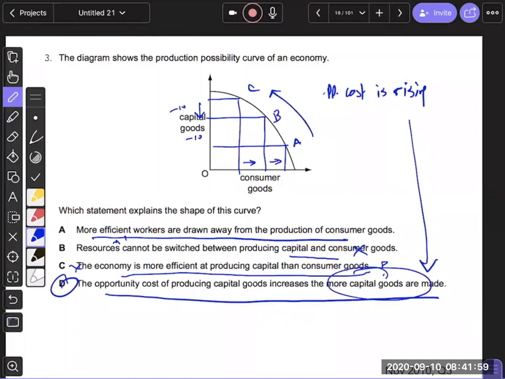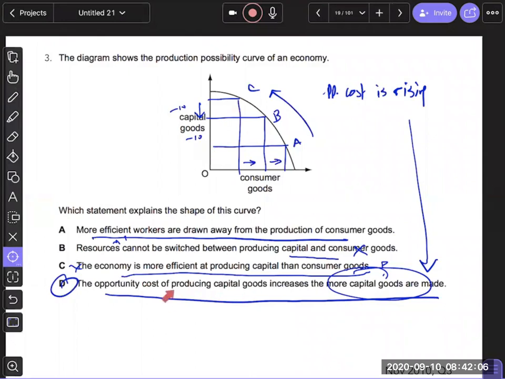I can rewrite this saying the opportunity cost of consumer goods increases as we make more of consumer goods. So whatever good you're making more of, you will see the opportunity cost of that good increase, because you may get less and less of the good for more of the other good that you're sacrificing.